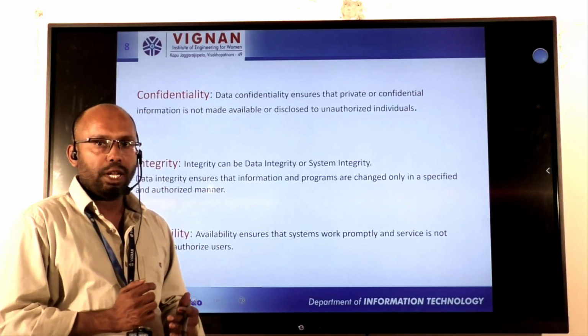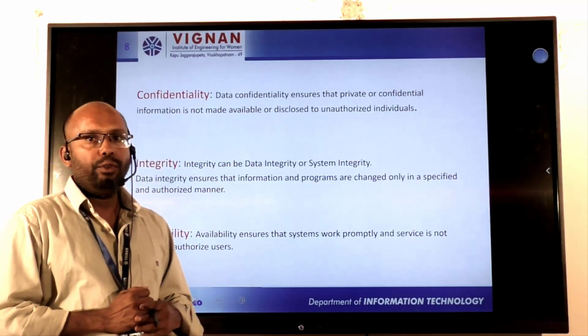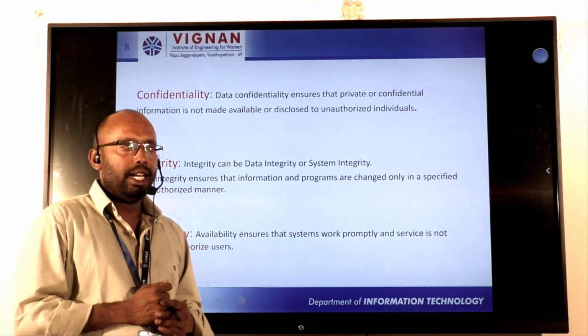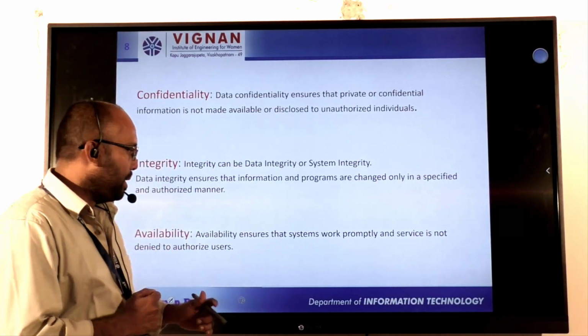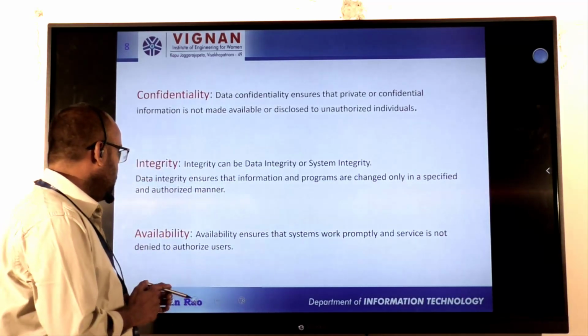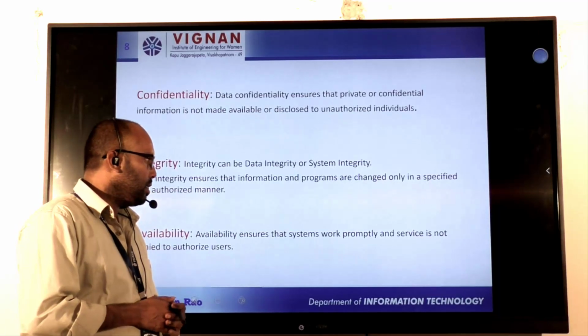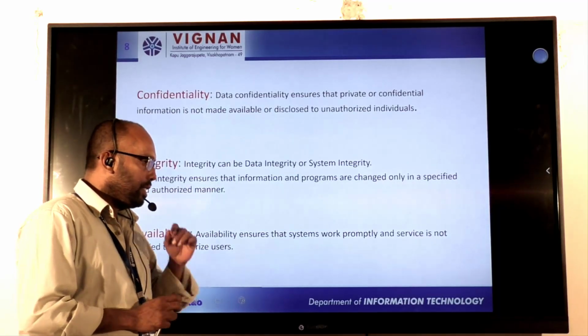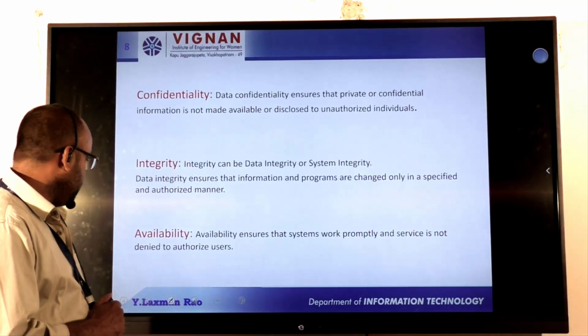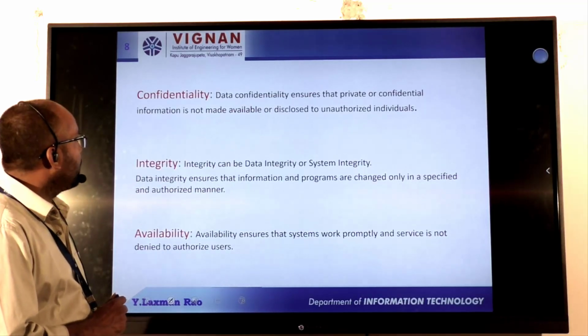That is also one type of attack, what we call a DoS attack, denial of service. That is denying the service: the user is expecting the data, but the legitimate user does not get it. So availability ensures that systems work promptly and service is not denied to authorized users. These are the security goals.